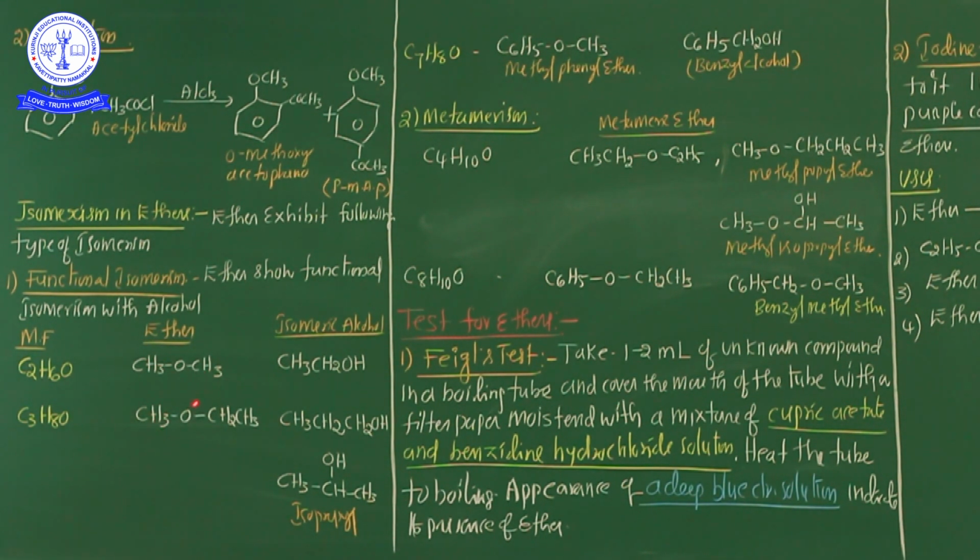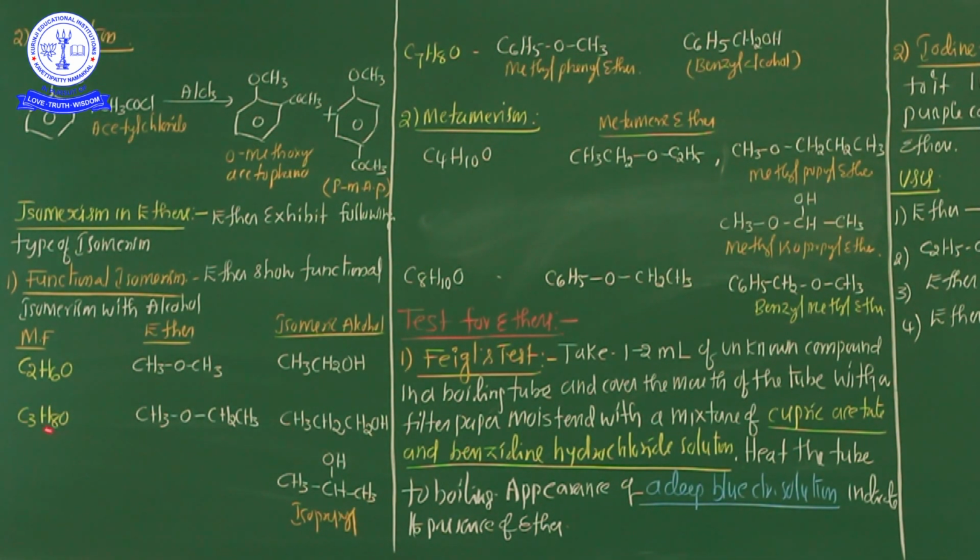One more example, C3H8O. See here, CH3OCH2CH3, ethyl methyl ether. After that, CH3CH2CH2OH is n-propyl alcohol, and there is also isopropyl alcohol.